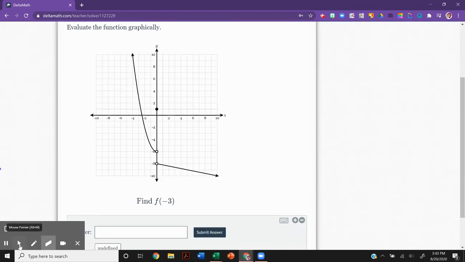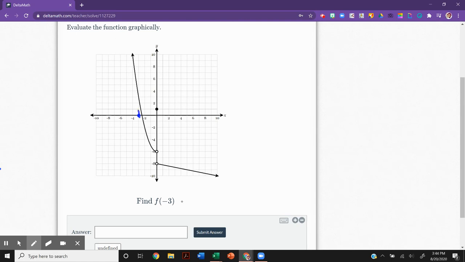So let's look at our new problem. We've got a picture. It says find f of -3. Again, I'm going to go on the x-axis, and when I get to -3, I'm going to stop. Then wherever the function is, I'm going to go either straight up or straight down until I get to the function, and then I'm going to stop.